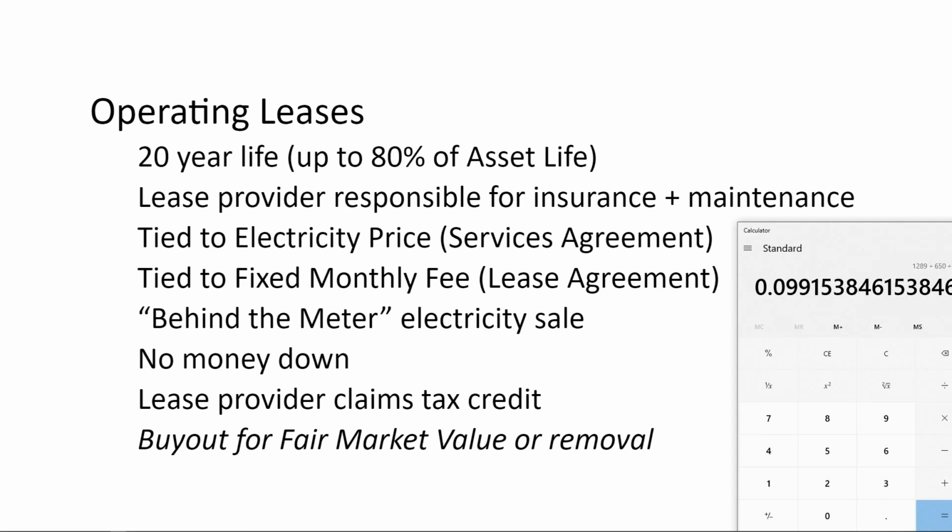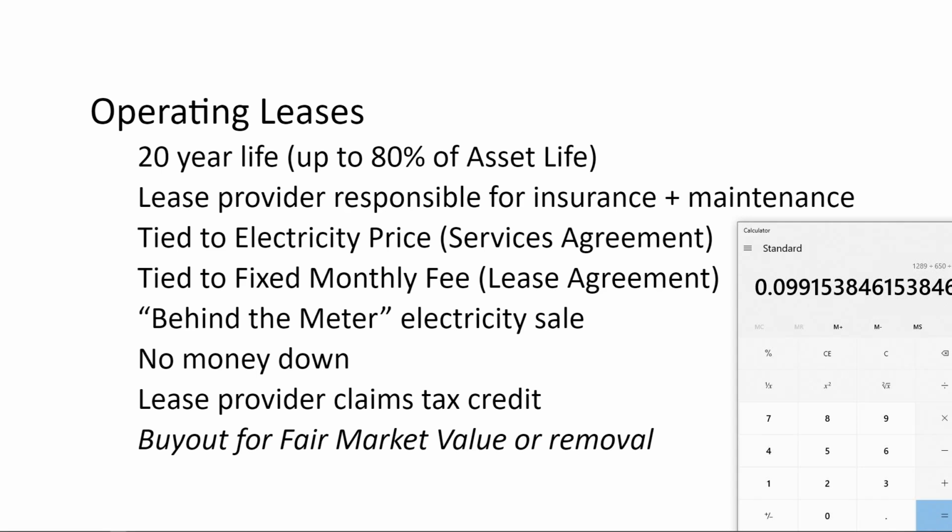And so if you're crafting your own operating lease for a solar array, that's something that you have to say is, well, what's the life of the project, and the lease cannot be for more than 80% of that.